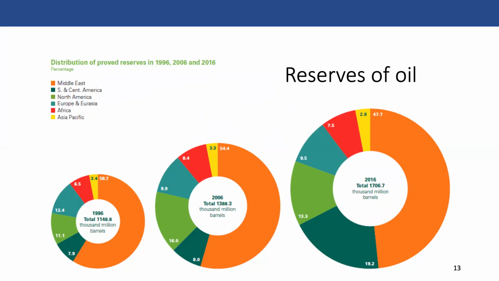Some of it is discovery, some of it has to do with increasing efficiency of extraction, and being able to locate more resources in existing zones where you're already extracting the fuel.